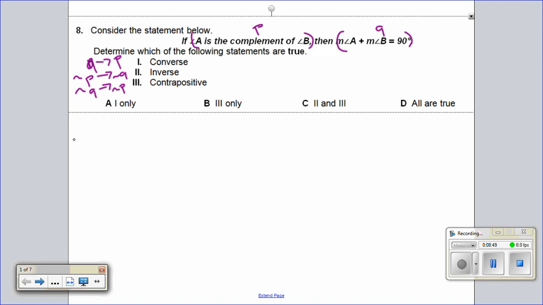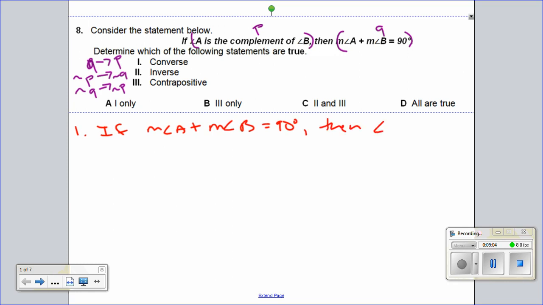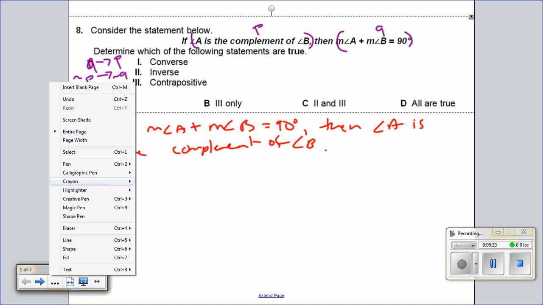To write the converse, it would be: if the measures of A plus the measure of B is 90 degrees, then angle A is the complement of angle B. So if two angles add together and equal 90 degrees, then yes, they complement each other. So this statement is true.